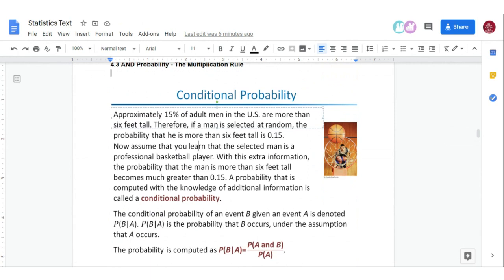So what that condition does is restrict the pool. Instead of talking about 200 million people, it restricts the pool to probably 10,000. So now the denominator is smaller, of who we're picking from.